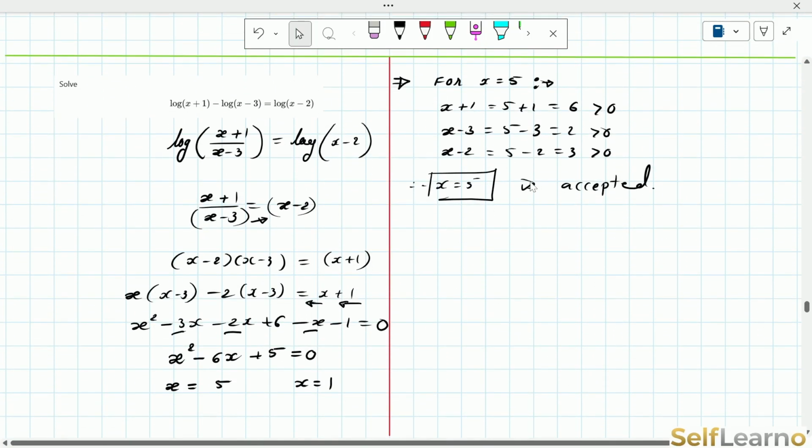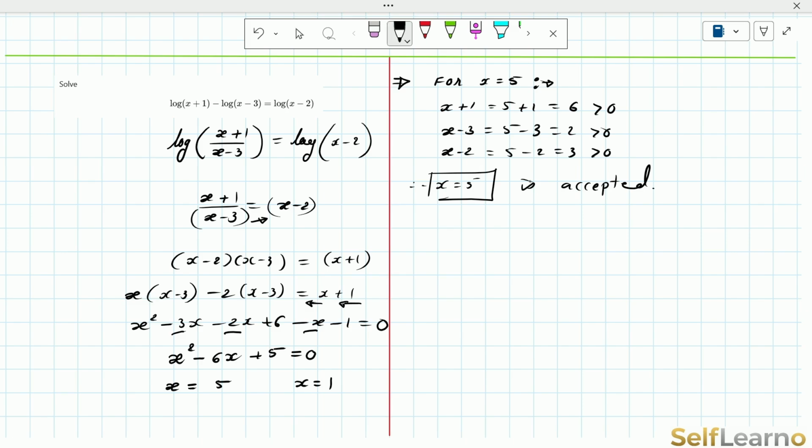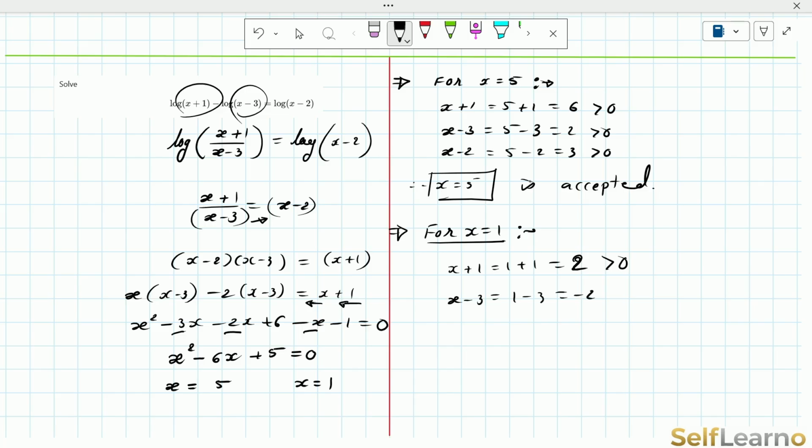Okay. Now let us check for x equal to 1. For x is equal to 1, let us see what happens. x plus 1, 1 plus 1, that is 2. It is positive. Okay, 2. x minus 3, x is 1, 1 minus 3, that is negative 2. It is less than 0.